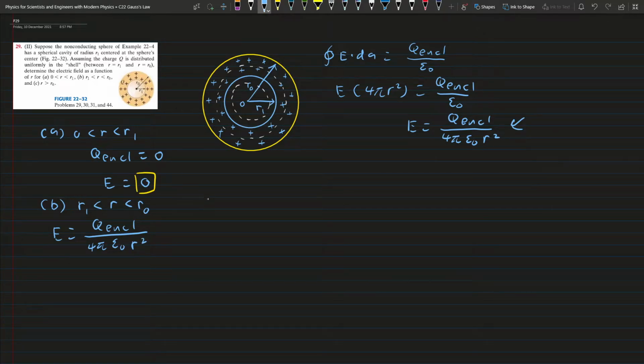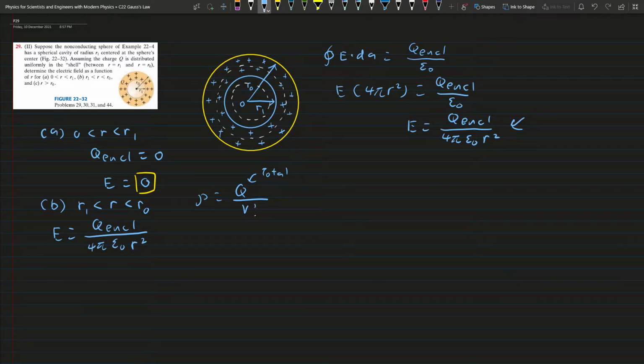One thing we know is that the charge is distributed uniformly. That means rho, the charge density, is the total charge Q over the volume of the region that has charge.